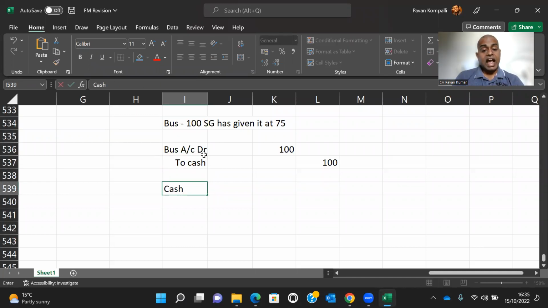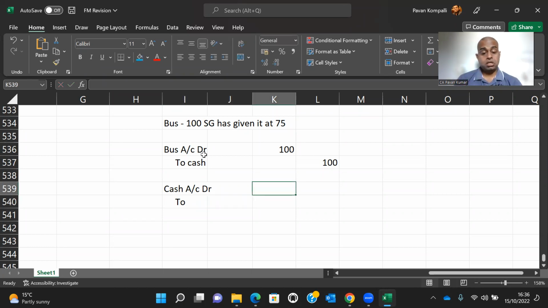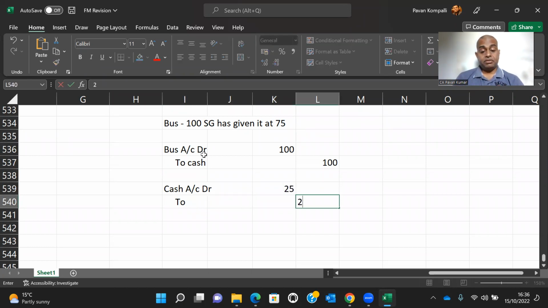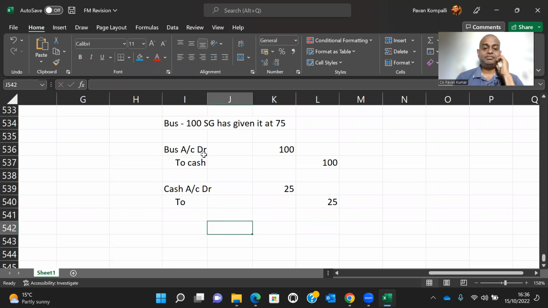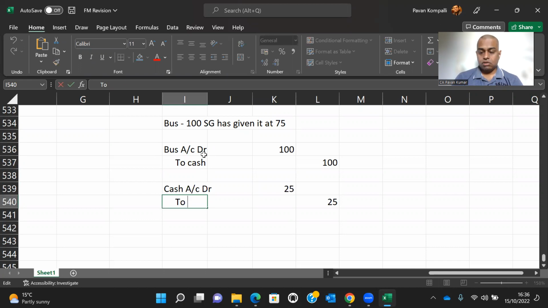Now, cash account debit 25, I know, I received cash. What to credit?